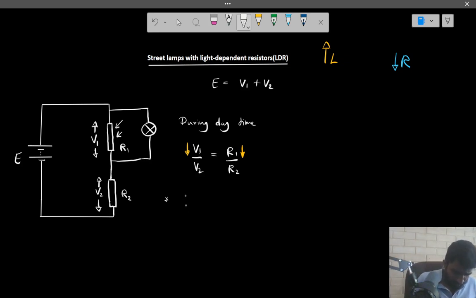So I'm going to write, during daytime, light intensity is greater, so R1 is smaller.